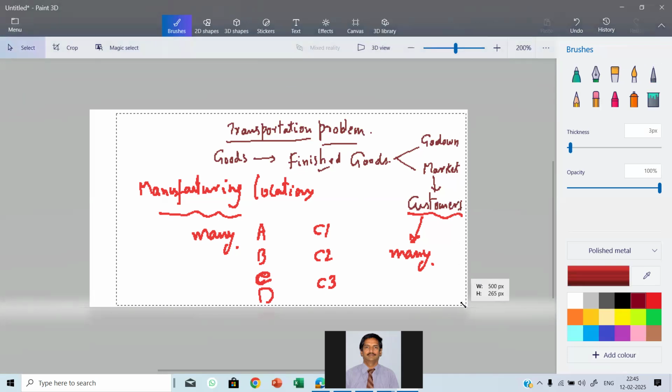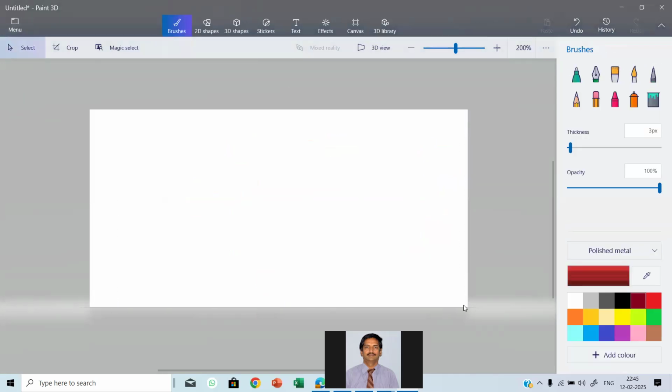So what is the actual problem of the transportation? Now let us suppose that some manufacturing locations are there. Otherwise I will take M1, M2, M3, M4, right? So these are all manufacturing locations. The same product is being manufactured anywhere.